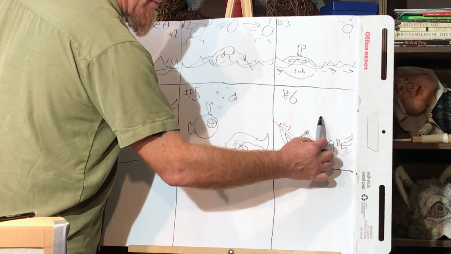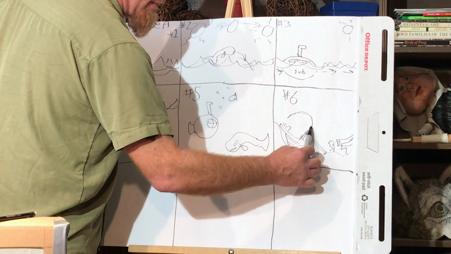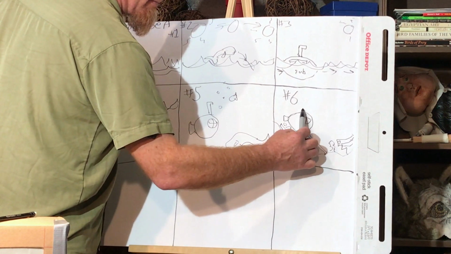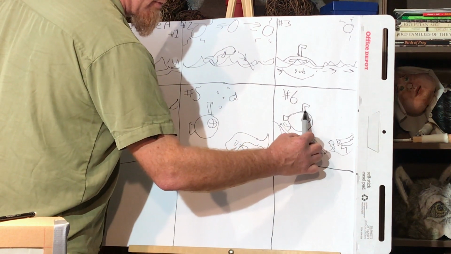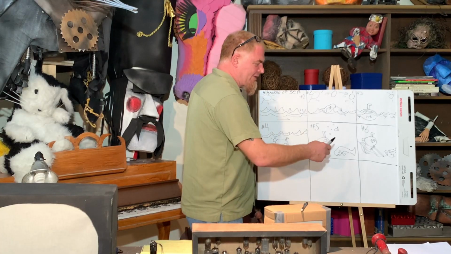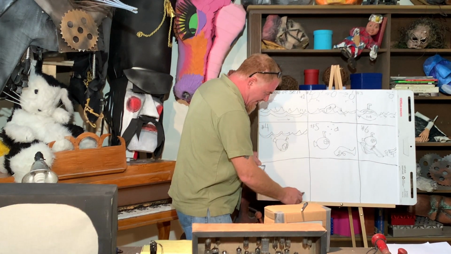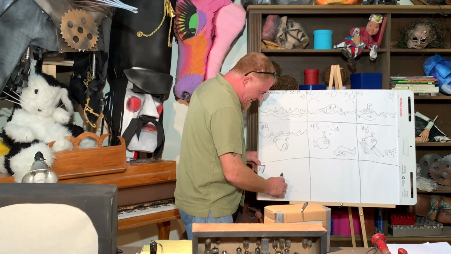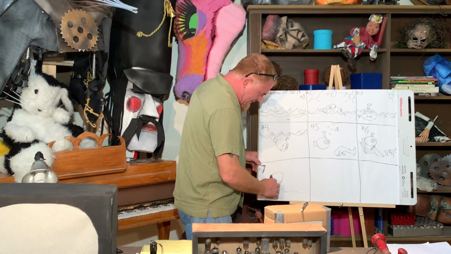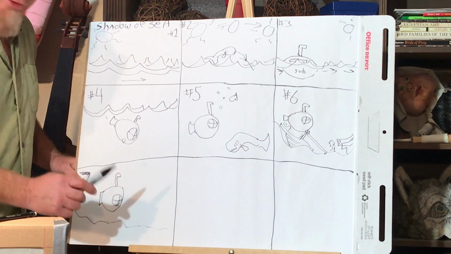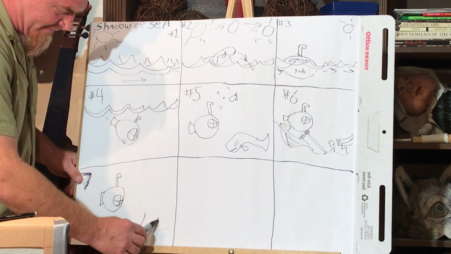So the submarine's going to be in this scene also. So we need to draw that in there and do that. And he still has his periscope. So that's scene 6. Now he's on the bottom. Scene 7. All right. So all of a sudden, in this, your submarine comes up on a treasure chest.